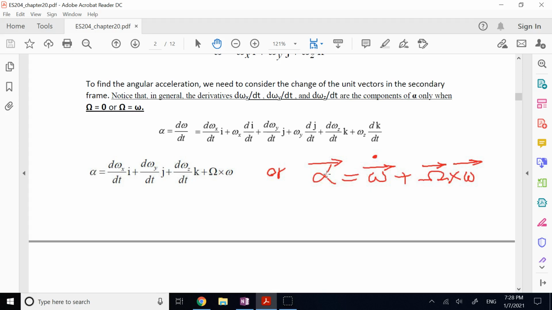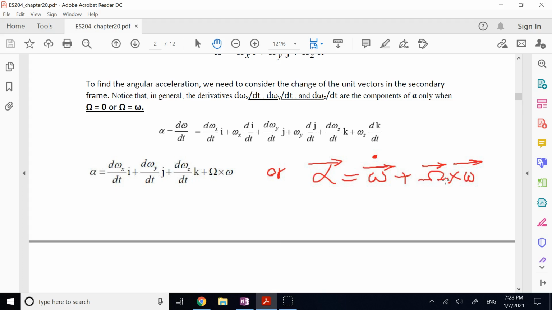What you have seen in the past is only alpha equals omega dot. You have never seen this extra term here. But now, all of a sudden, I have this extra term. So when is it that alpha is equal to omega dot, just like what we have seen in the past, without this extra term?